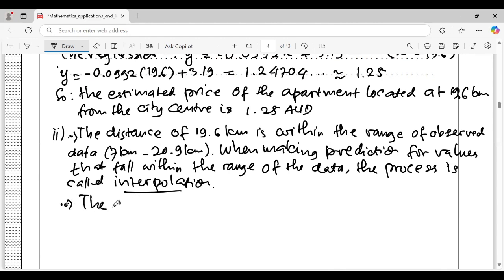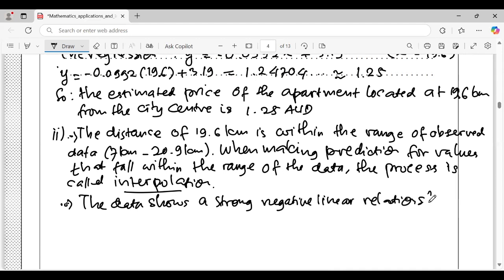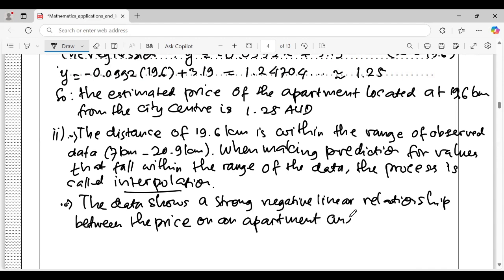The data shows a strong negative linear relationship between the price of an apartment and its distance from the city center.